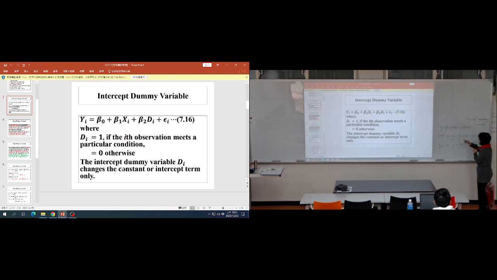It means the relationship of X and Y. So I'm using X times D as one of the variables in the functional form. This means I change the functional form from the original X and D by adding one more term, which is the multiplication of X and D. And why do I do that? What for?